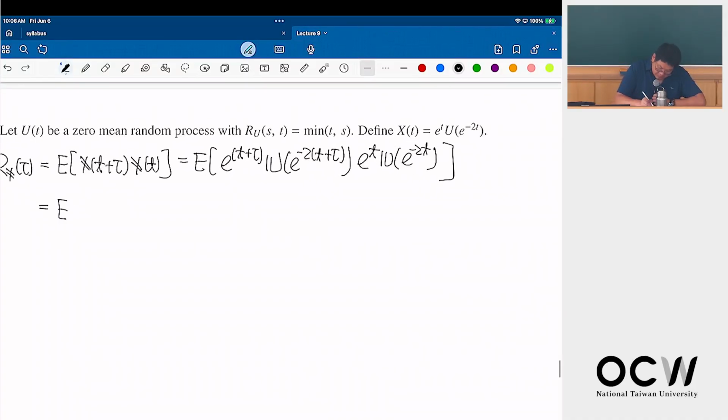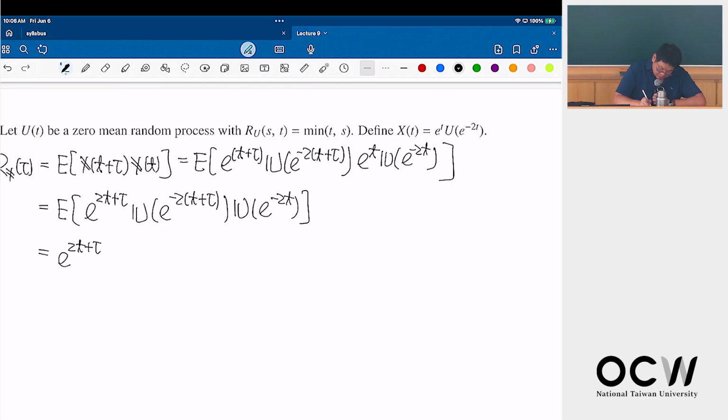So let's rearrange that. There'll be e^(2t+tau), and then u e^(-2(t+tau)), and u e^(-2t). It's e^(2t+tau).